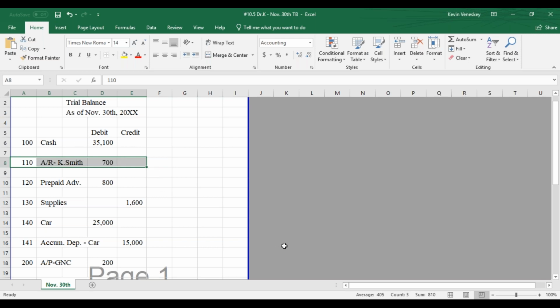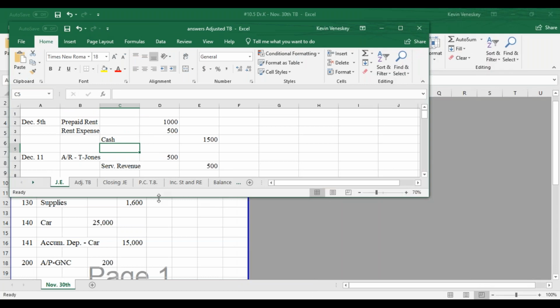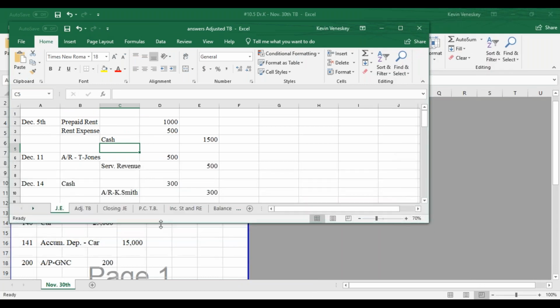So K. Smith now owes me $0. His account should be wiped out. So our journal entry, debiting cash, crediting the account receivable, K. Smith. Oh, it was only $300. Sorry, it wasn't the full amount. So it's not wiped out. It's just lowered down to $400 instead of $700.